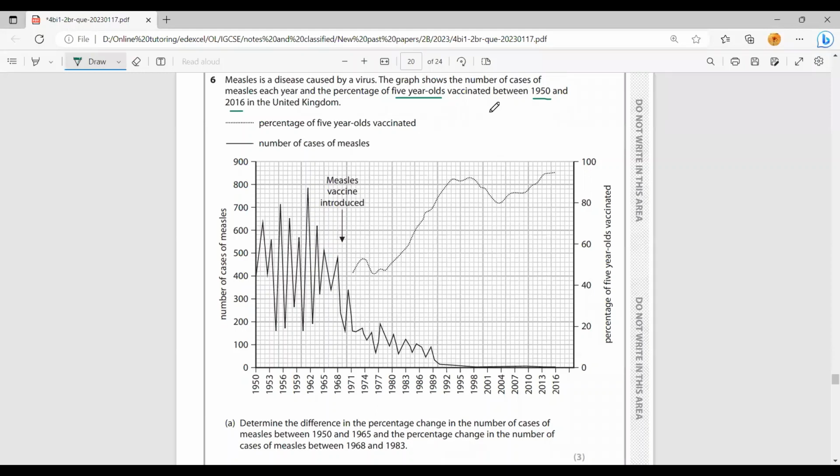Of course, if the child is not vaccinated, they may get the disease in old age.